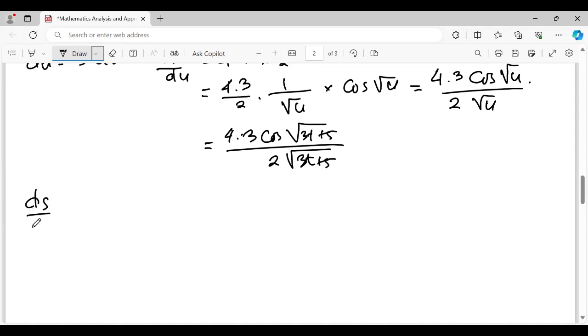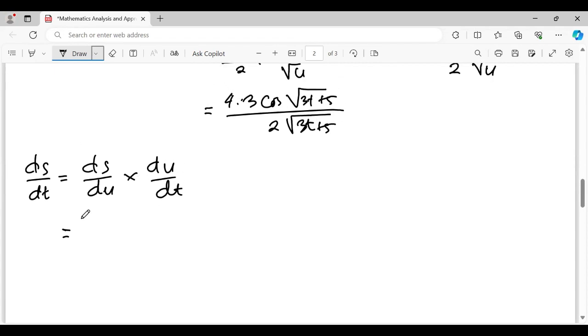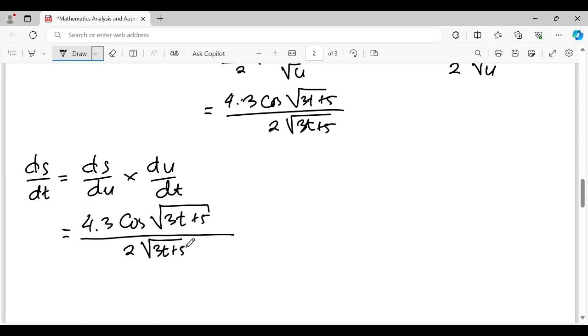And ds/dt equals ds/du times du/dt. So it is 4.3 cosine square root of 3t plus 5 over 2 times square root of 3t plus 5 times 3.